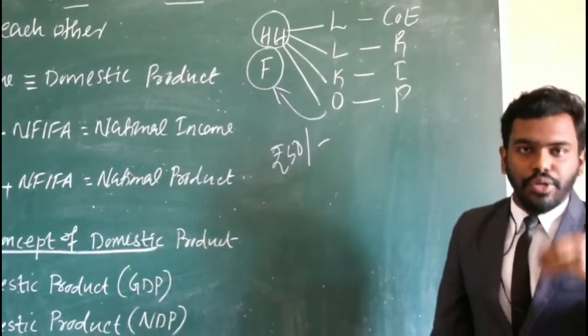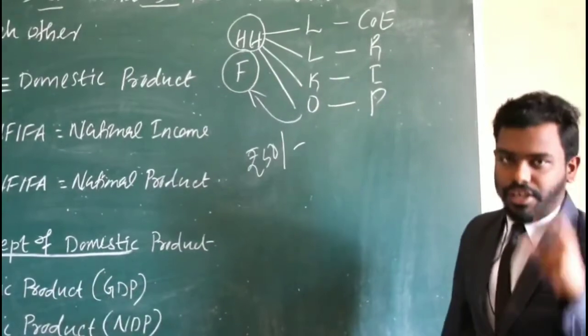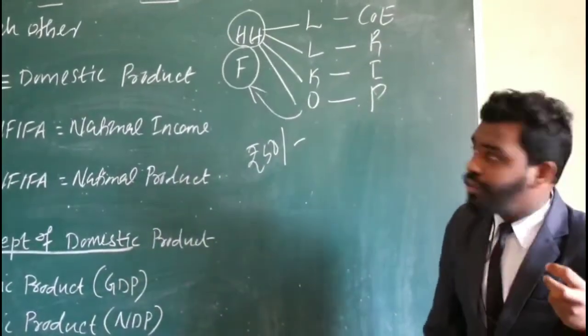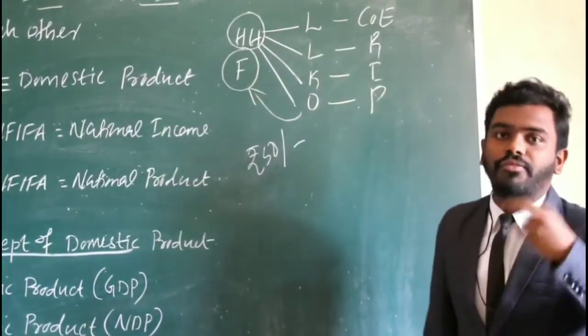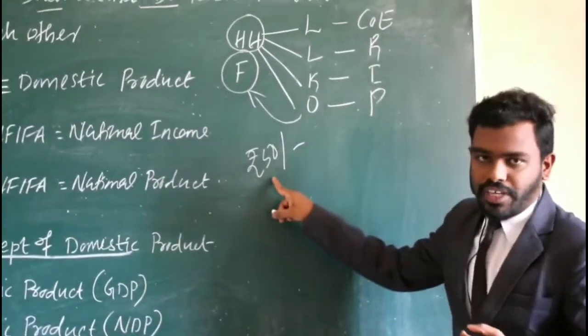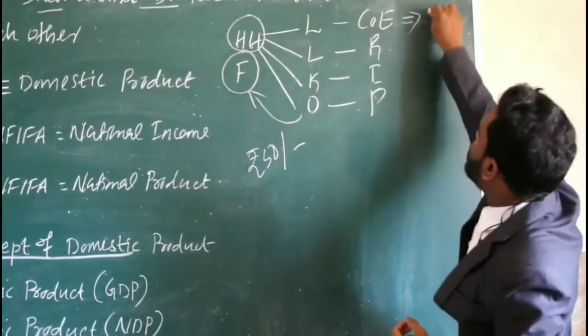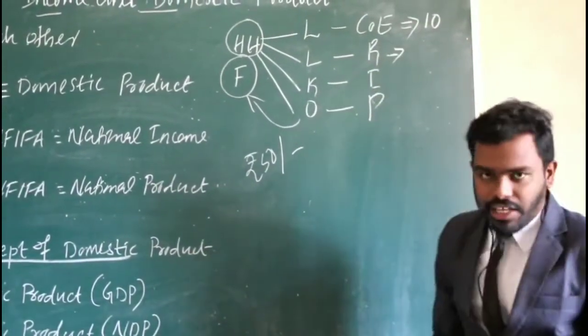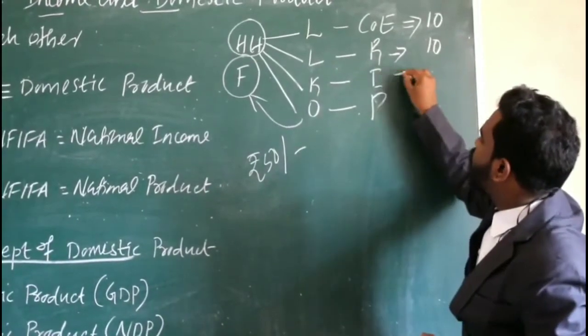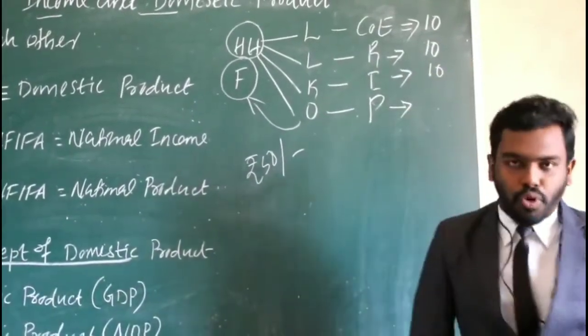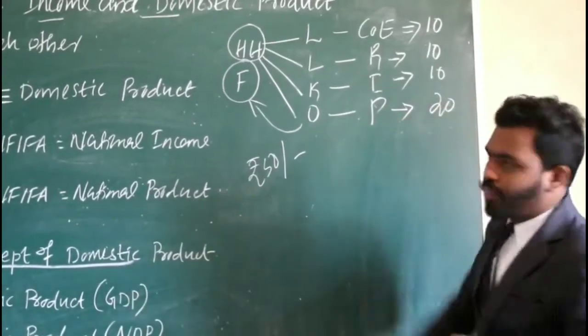So the firm needs to distribute factor incomes, or pay factor payments to household. From where will they pay? From this 50 rupees. For example, compensation of employees is 10 rupees, rent is also 10 rupees, interest is also 10 rupees, and the profit is 20 rupees.